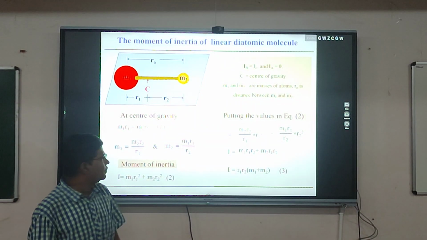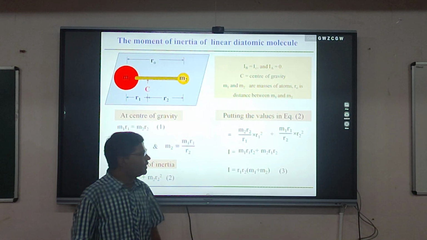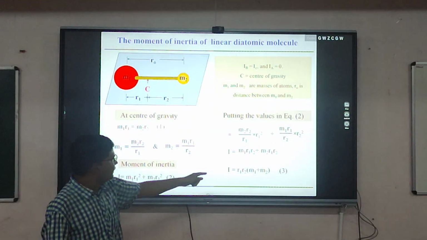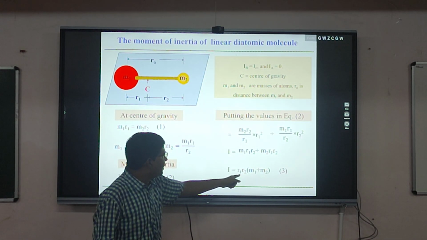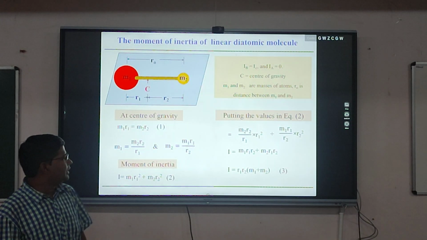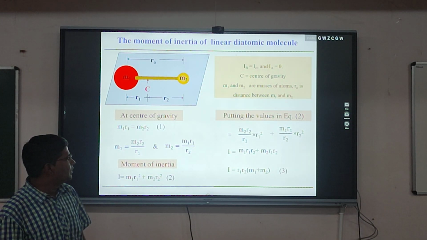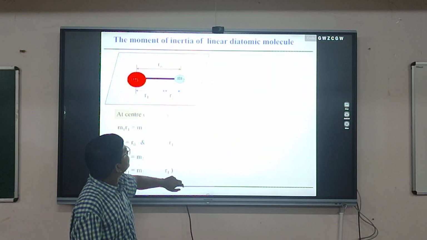Now I equals M1 R1 R2 plus M2 R1 R2. Then we take R1 and R2 as common, and it becomes I equals R1 R2 into M1 plus M2.